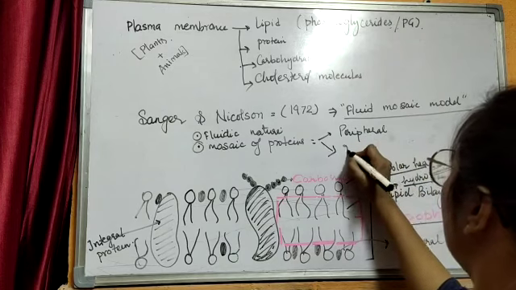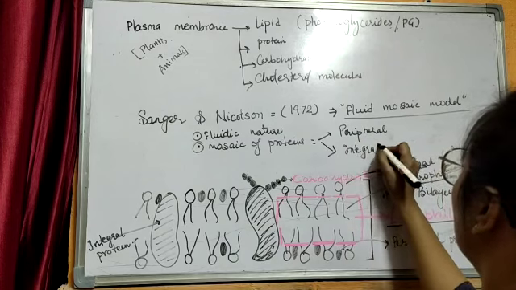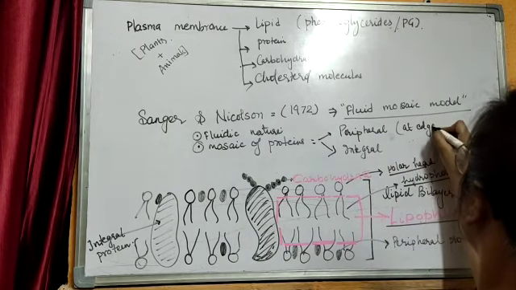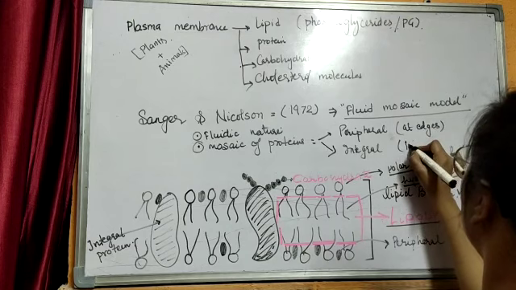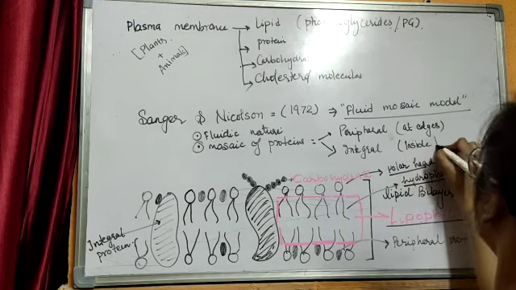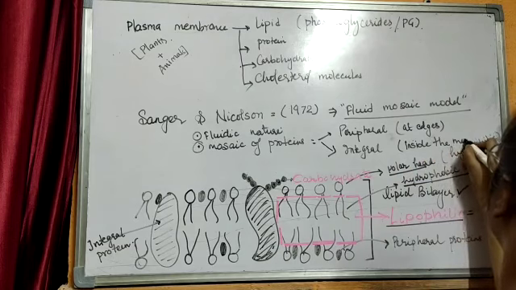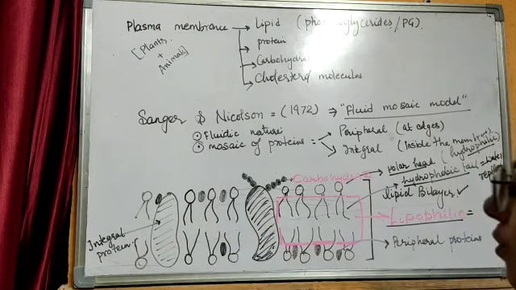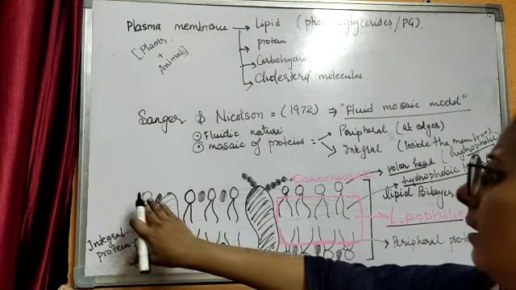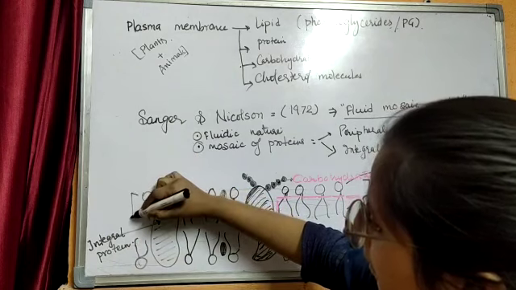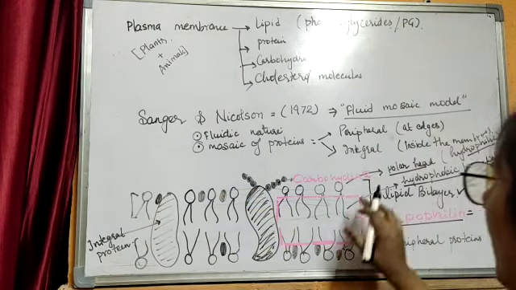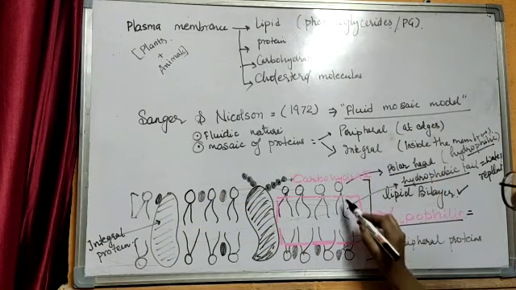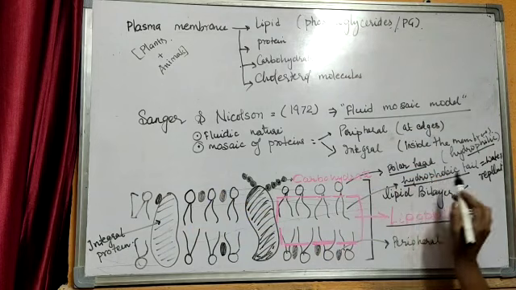Peripheral proteins are present at the edges and the integral proteins are present inside the membrane. This is the structure showing the plasma membrane, where this is the lipid molecule, which has a polar head and a hydrophobic tail.